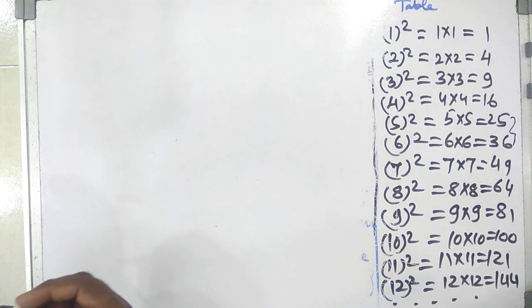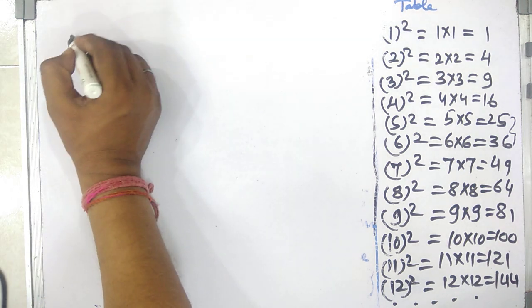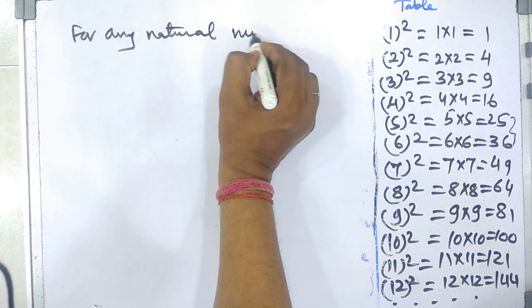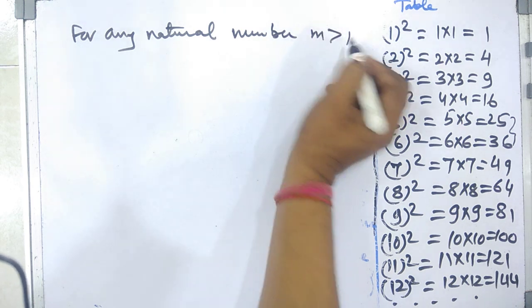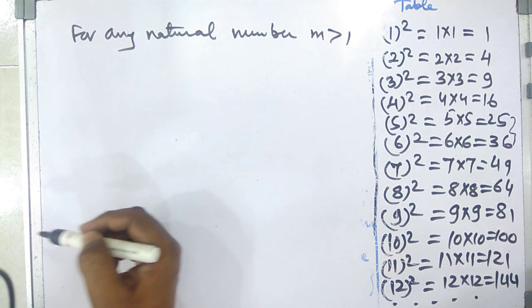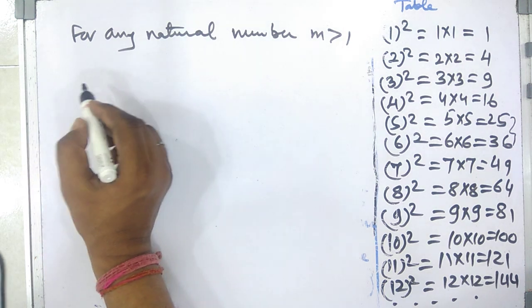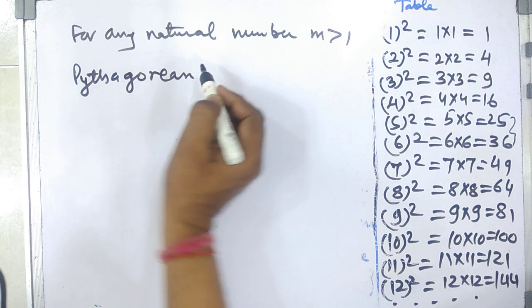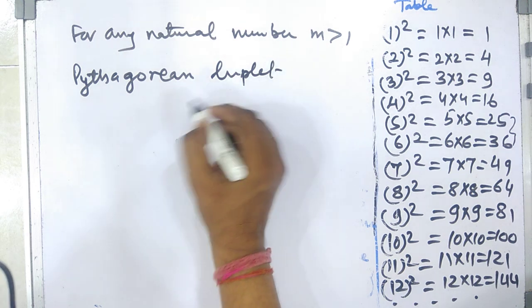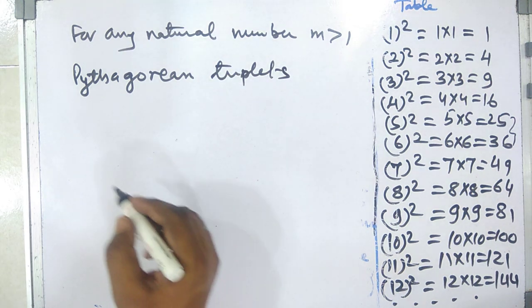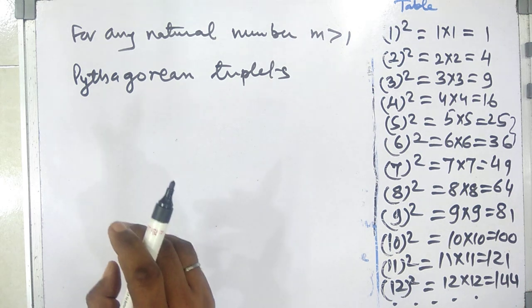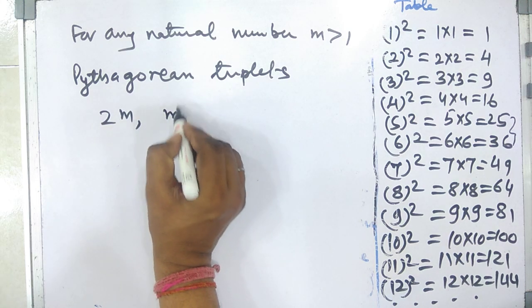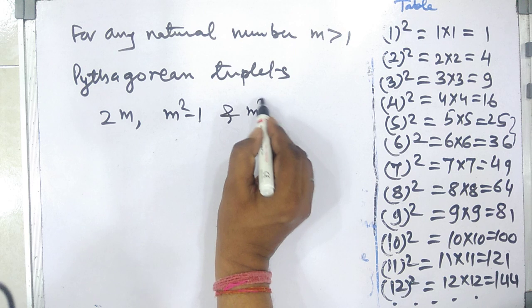So students, for any natural number m greater than 1, the Pythagorean triplets are 2m, m square minus 1 and m square plus 1.